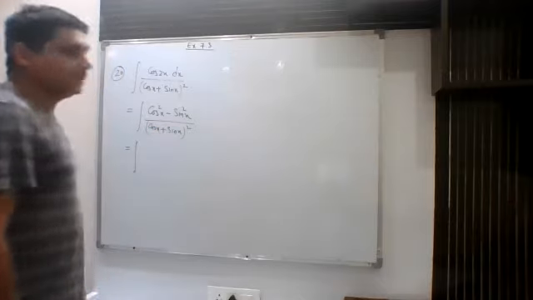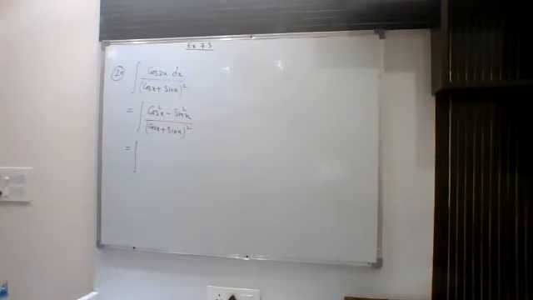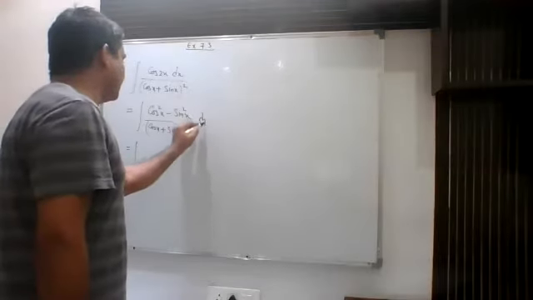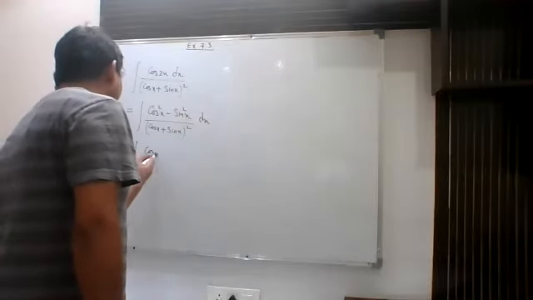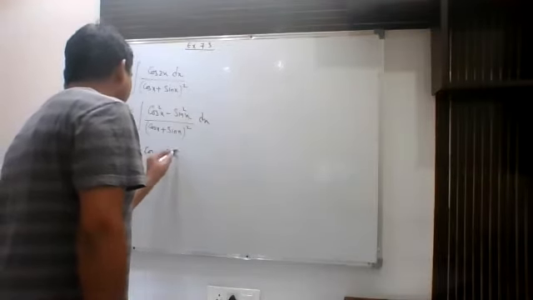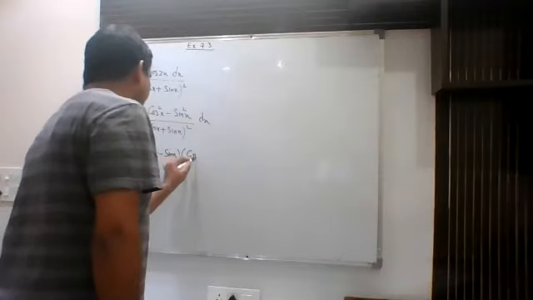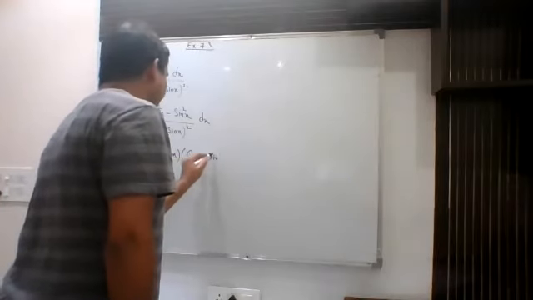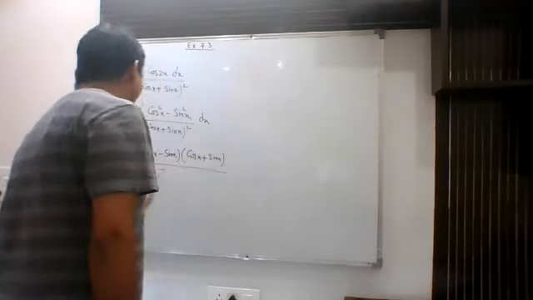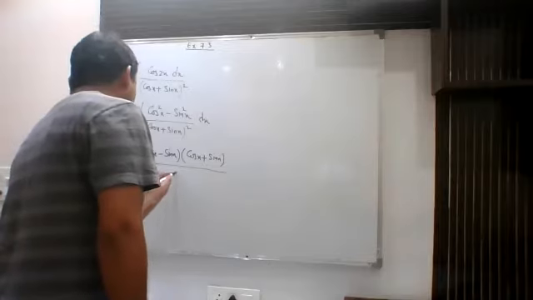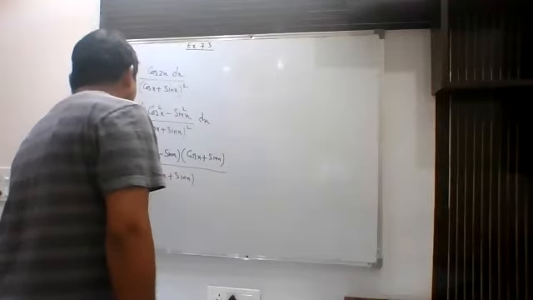Now the numerator can be written as (cos x minus sin x)(cos x plus sin x) using the identity a square minus b square. So we can write this as (cos x minus sin x)(cos x plus sin x) whole upon (cos x plus sin x) whole square.